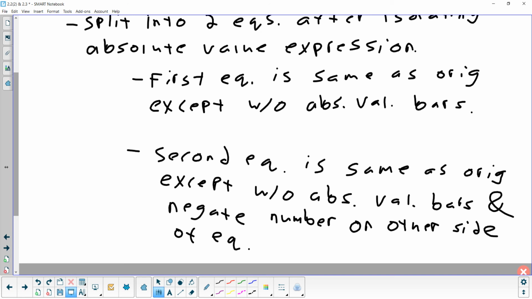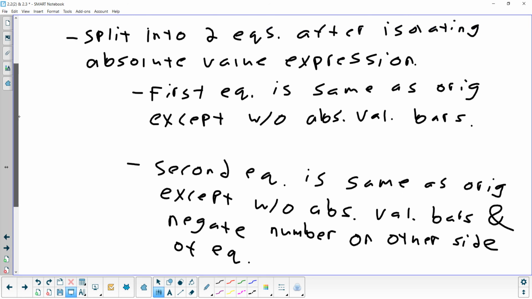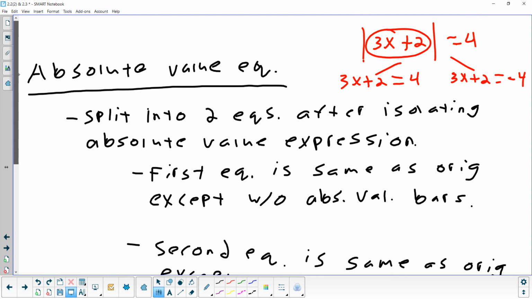So either what's in the bars can come out to the number on the other side, or what's in the bars can come out to the opposite of the number on the other side. And I'm not going to actually solve this one. I'll do a different one.